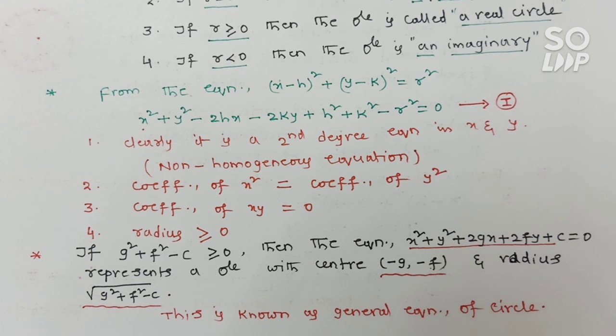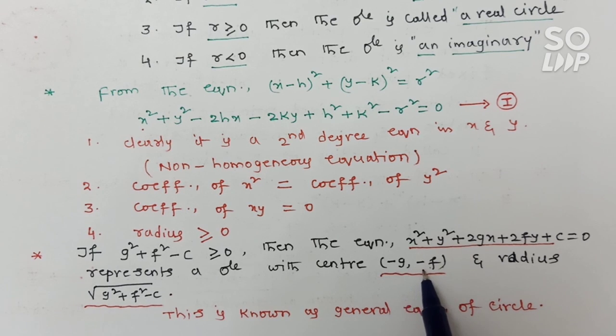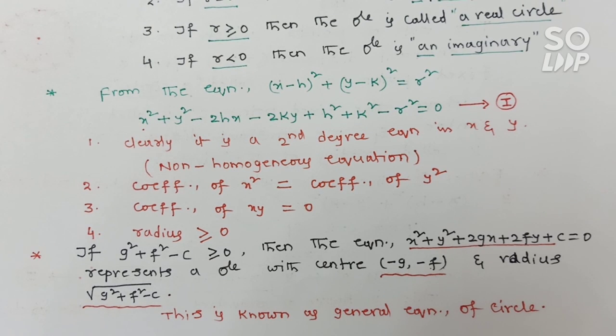For this one, what is the center? Minus g comma minus f. So you remember these things. Next, the radius is what? Root of g square plus f square minus c. Okay, right? I hope that everybody is very clear about the concept of circle.